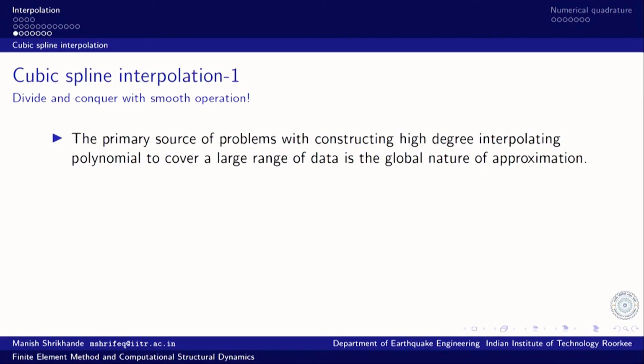That is what we call divide and conquer with smooth operation. The p-chip that we discussed, cubic Hermite interpolation, takes just 2 nodes at a time, allowing us to fit a cubic interpolating polynomial. That can also be considered part of this divide and conquer strategy. But cubic spline interpolation has a higher degree of smoothness than p-chip interpolation.